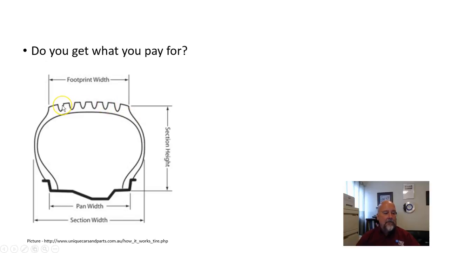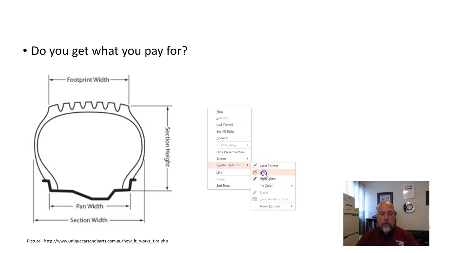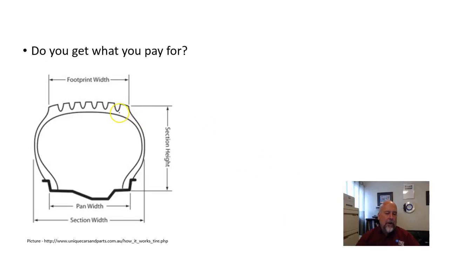Let's just make a little drawing. So you might have a less expensive tire where this is your last tread block, and that doesn't exist. Okay, so this here and this here may not exist on a less expensive tire.